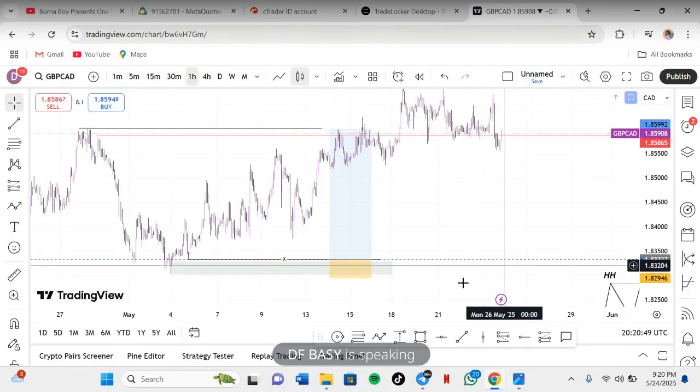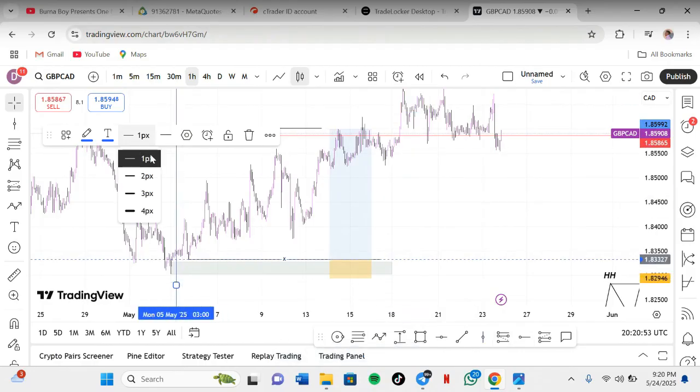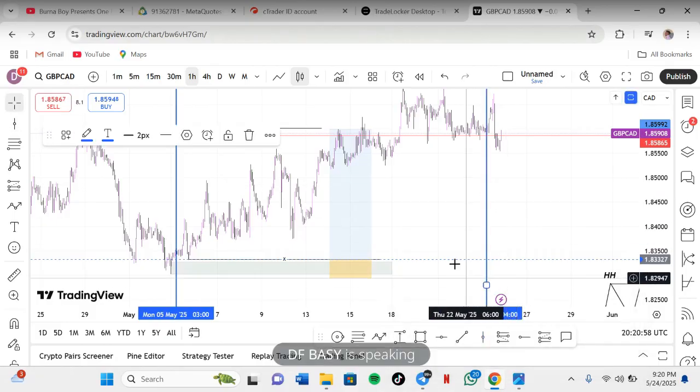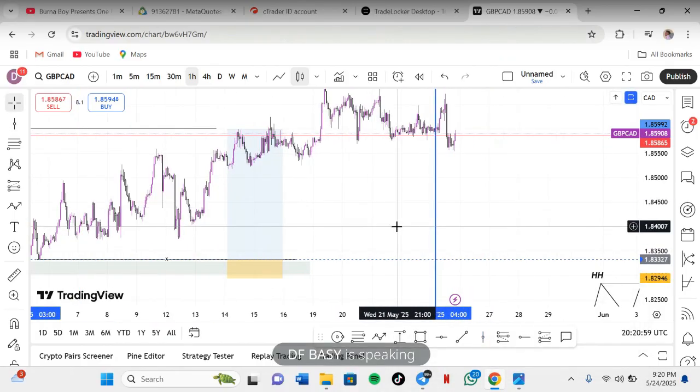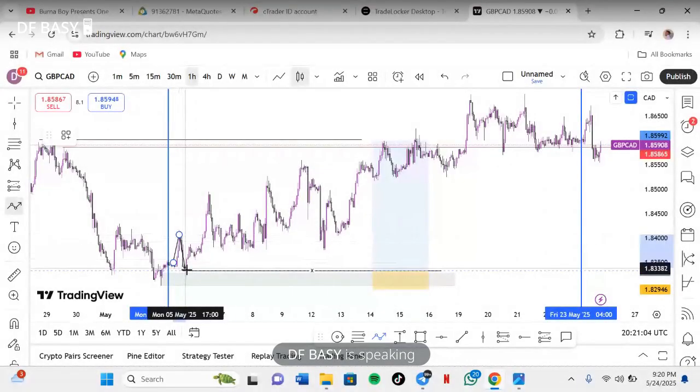So now let's say we are marking from here to here, right? What's the market structure you see here? It's a bullish market structure. Why?